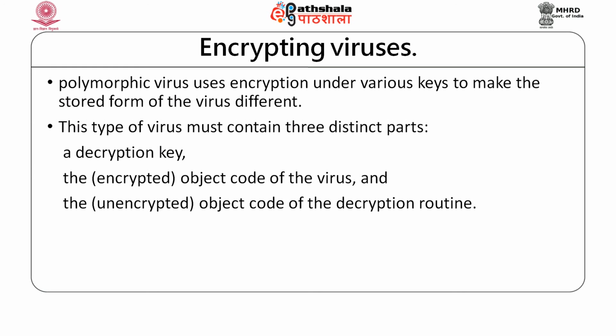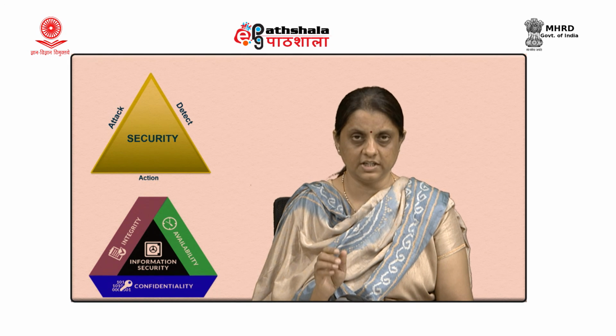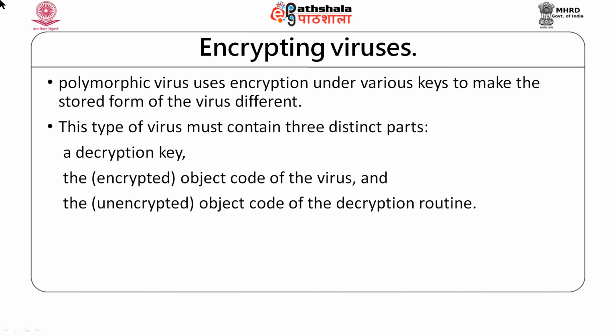So, a decryption key is needed. Then the encrypted object module of the virus and the unencrypted object code of the decryption routine. So, whatever decryption process you are going to follow should also be written in unencrypted form. So, these 3 things should be stored for encrypted viruses.